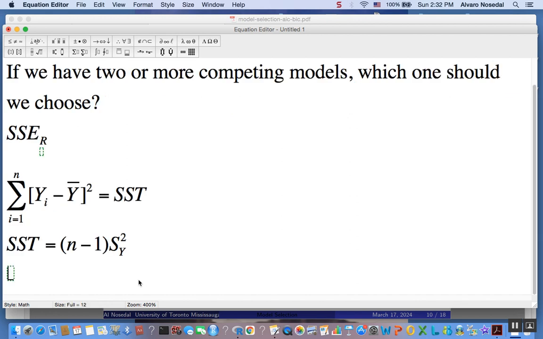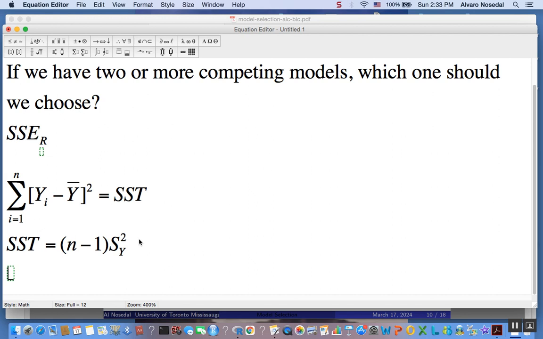So the sum of squares for the reduced model is equal to the sum of squares total, which can be computed as n minus 1 times s_y squared, where n represents the sample size and s_y squared represents the sample variance.